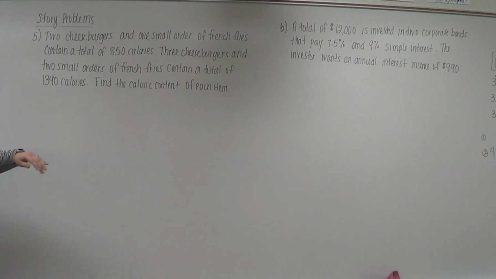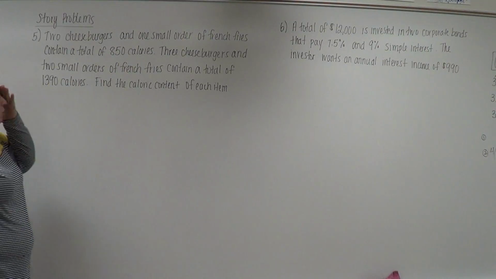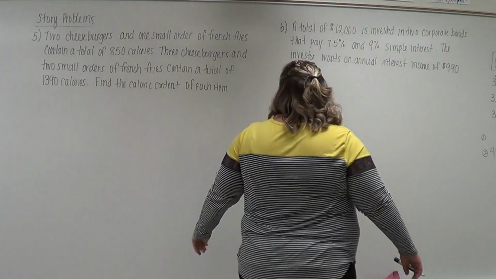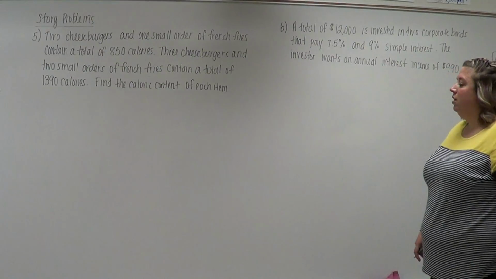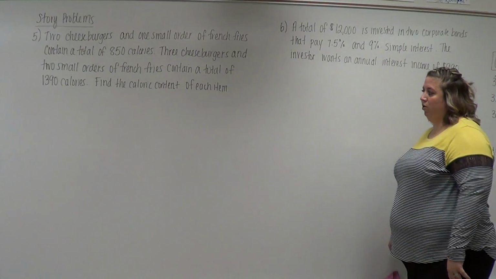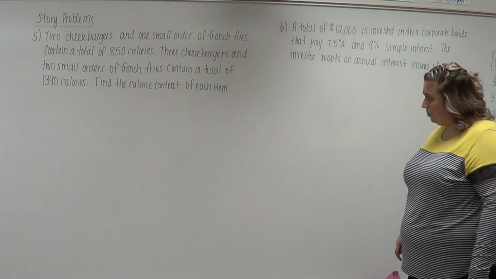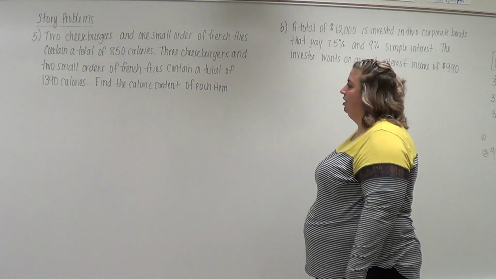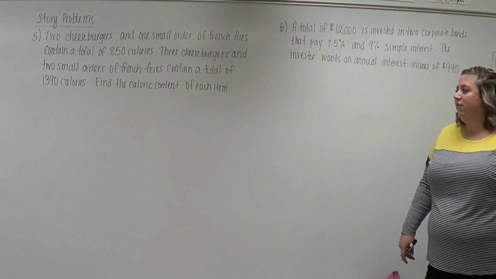Okay, so 2 cheeseburgers and 1 small order of french fries contain a total of 850 calories. 3 cheeseburgers and 2 small orders of french fries contain a total of 1,390 calories. Find the caloric content of each item.